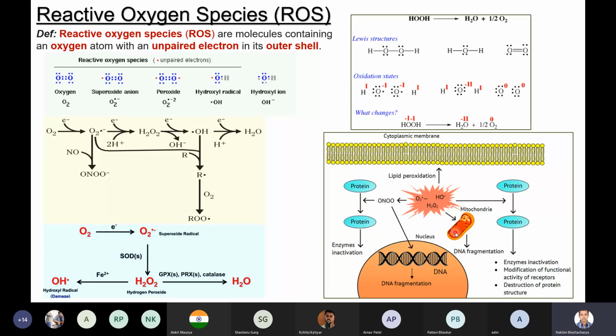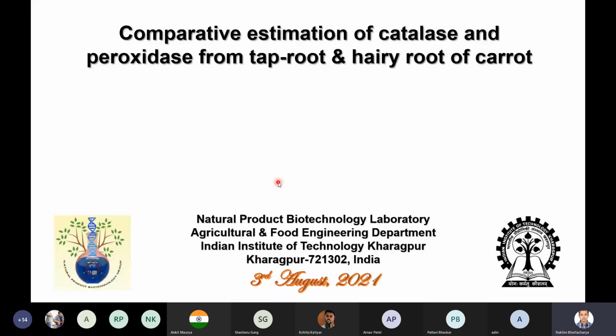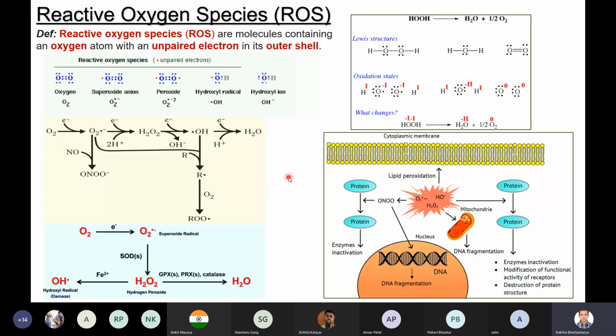So these two enzymes, as I mentioned before, peroxidase and catalase, are very important in the production of reactive oxygen species. One enzyme produces hydroxyl radical, and another enzyme produces superoxide radical.